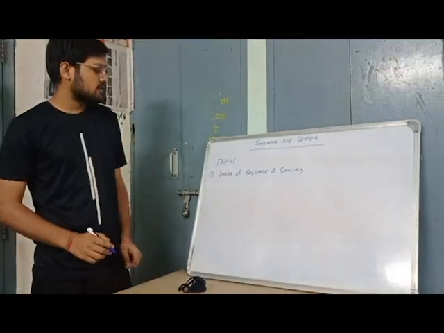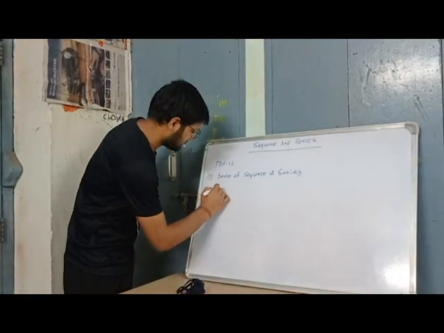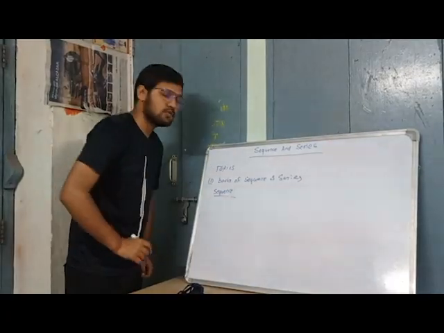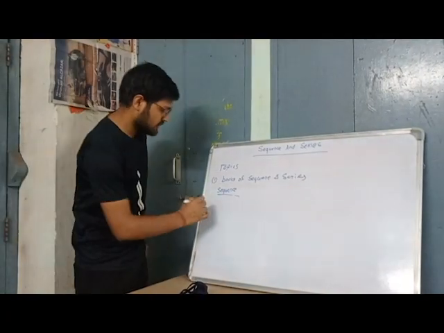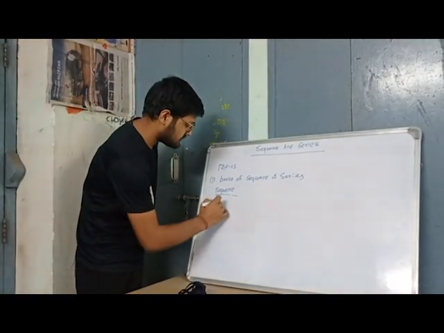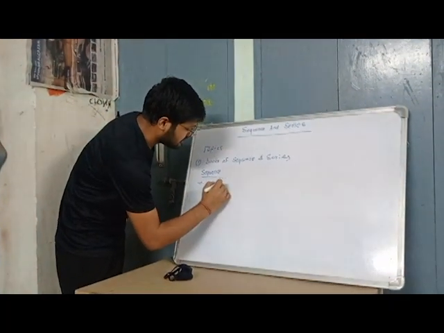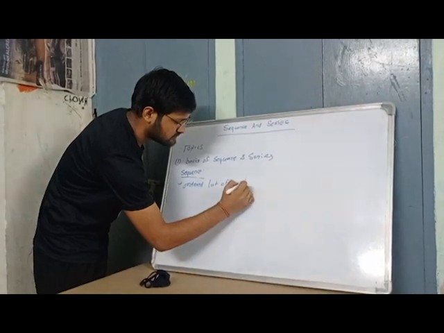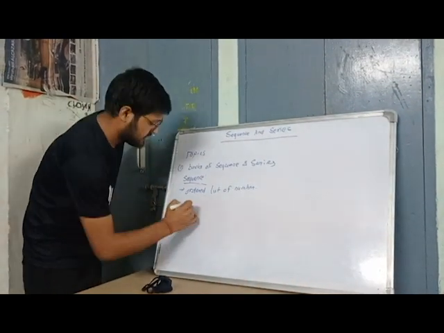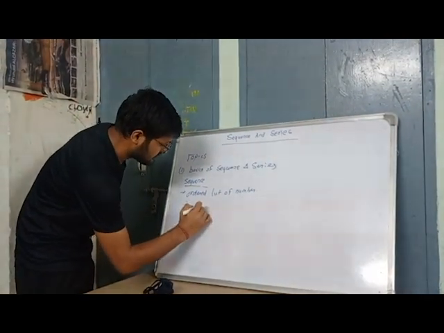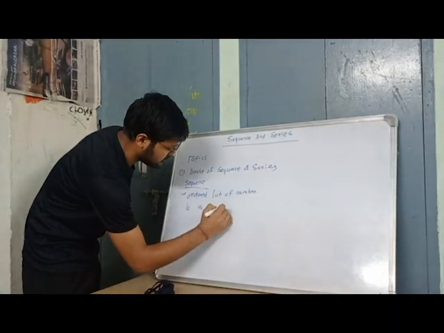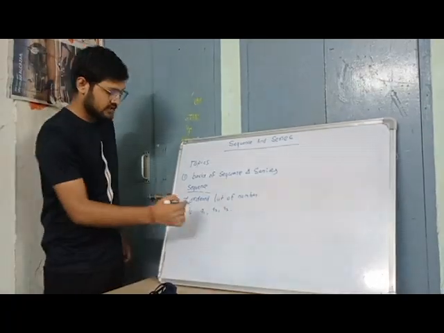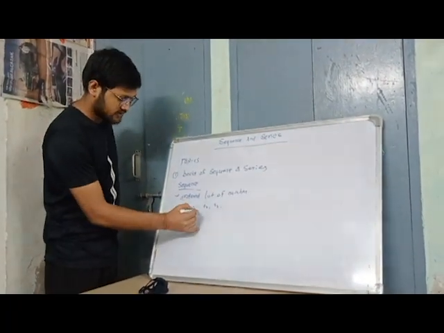So, what is a sequence? A sequence is basically an ordered list of numbers, like a1, a2, a3, separated by commas.